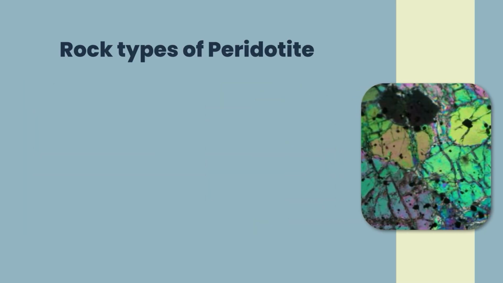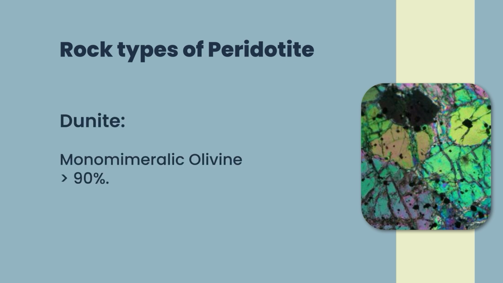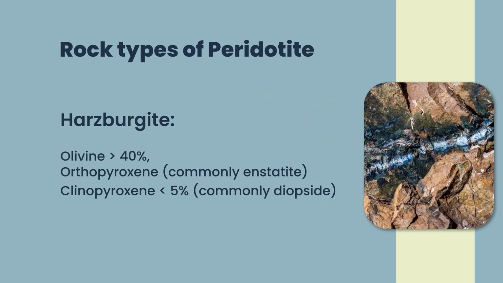Different rock types of peridotite are dunite, which is monomineralic, in which olivine is more than 90%; harzburgite, in which olivine is more than 40% and orthopyroxene is commonly the enstatite variety. What is the enstatite variety? It is magnesium rich orthopyroxene, whereas diopside is a clinopyroxene, which is less than 5%.